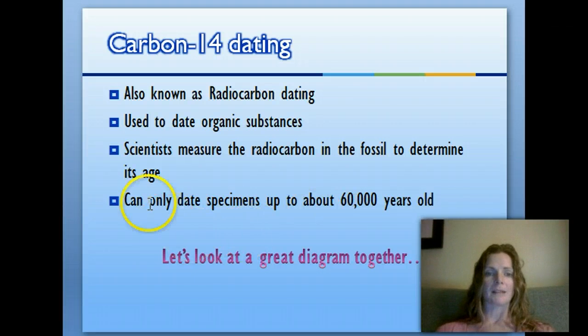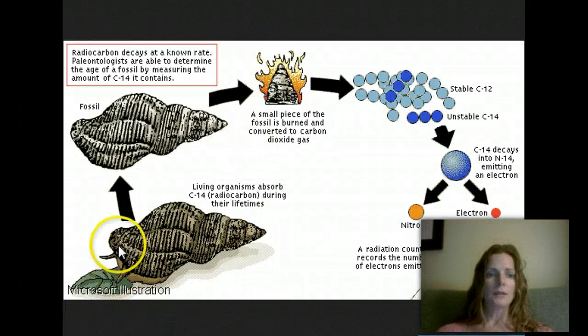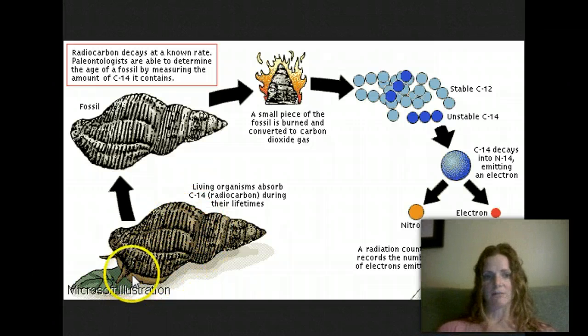Okay. But anyways, let's look at a diagram that I think helps understand this process a little bit more, okay? So let's take, for instance, this particular organism. It's like this little slug, snail-looking thing, right? So living organisms absorb C14, which is radiocarbon, during their lifetime.